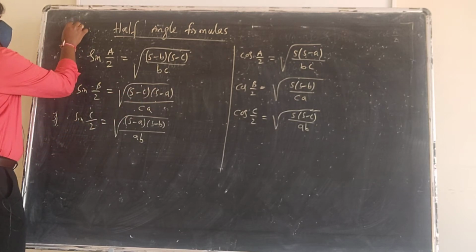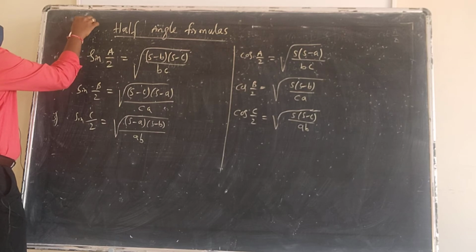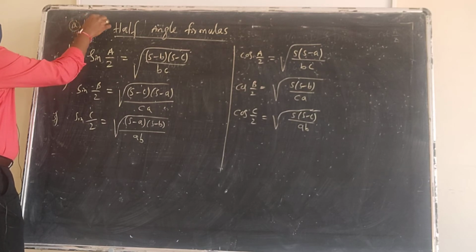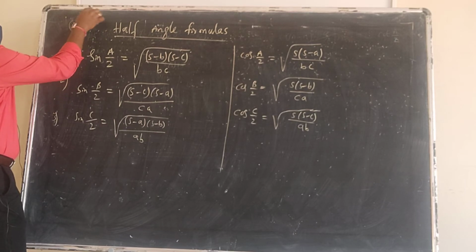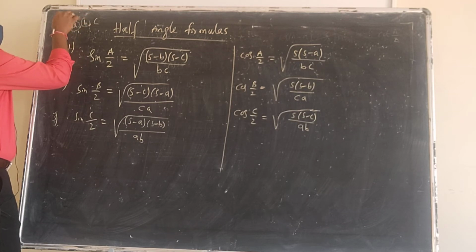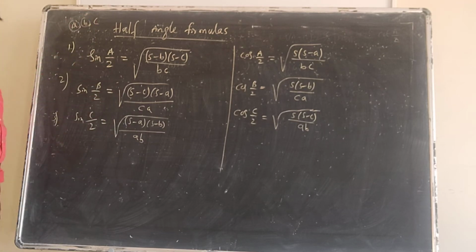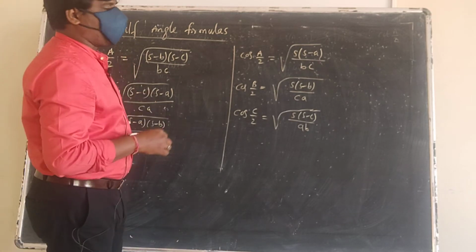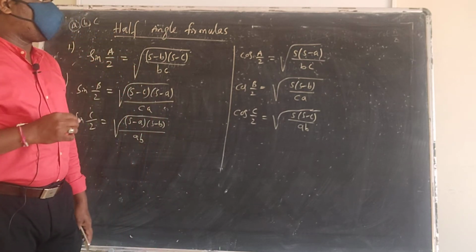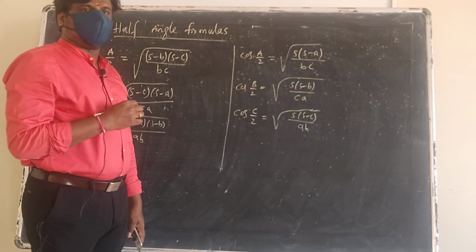You know the combination A, B, C: if A is there, then you get B, C. If B is there, then C, A. If C, then A, B. So you should remember these formulas like this. I will tell you the proof also. Cos A by 2 formula: cos A by 2 is square root of s into (s minus a) by bc.